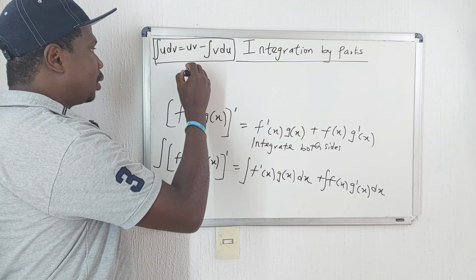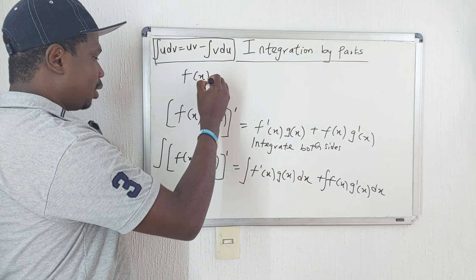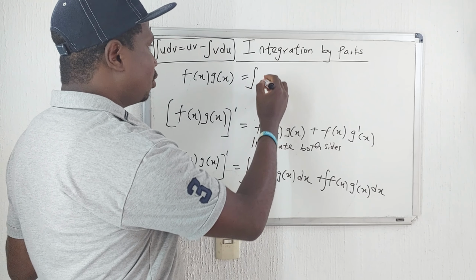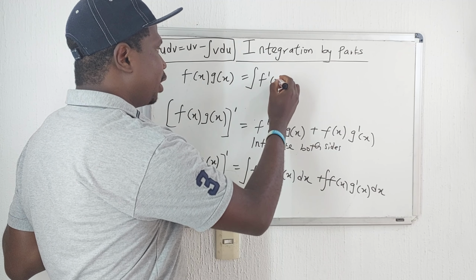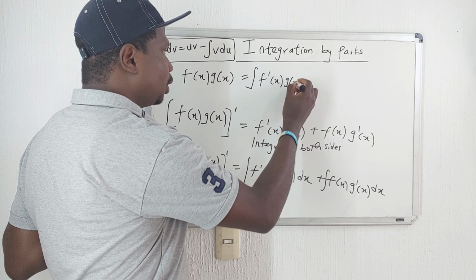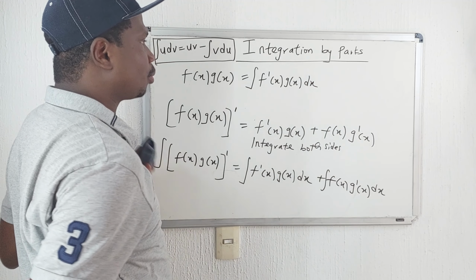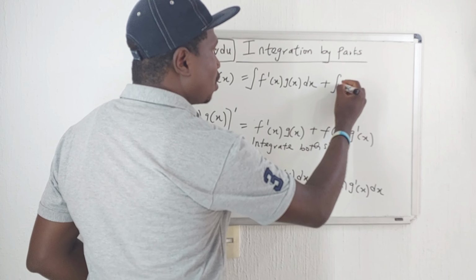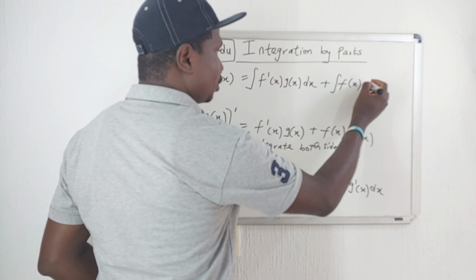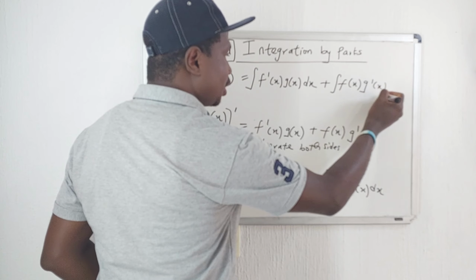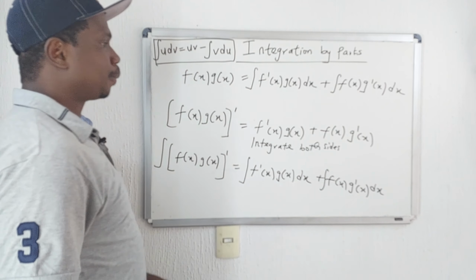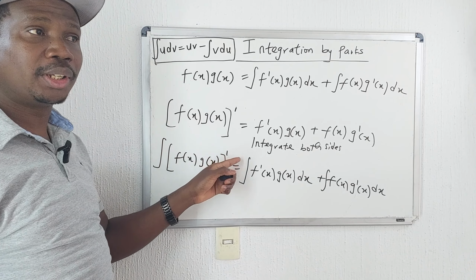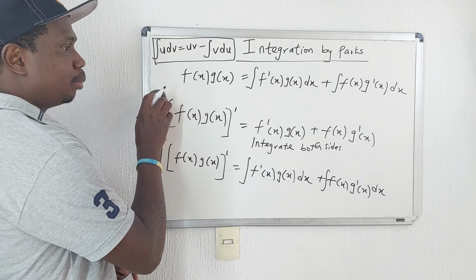So we have f of x, g of x equal to the integral of f prime of x, g of x dx plus the integral of f of x, g prime of x dx. Because we have integrated, the integral sign cancels the differential, the prime.